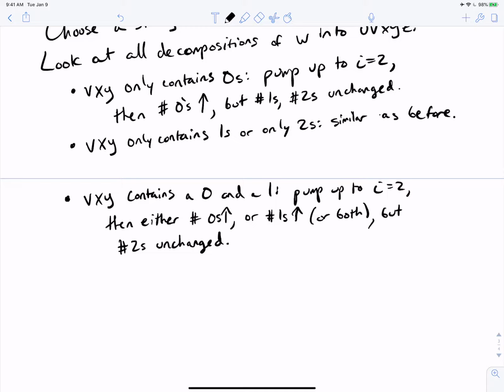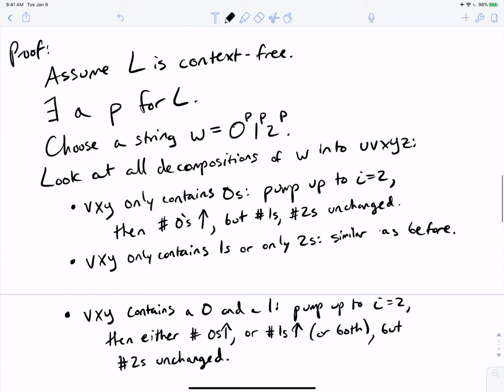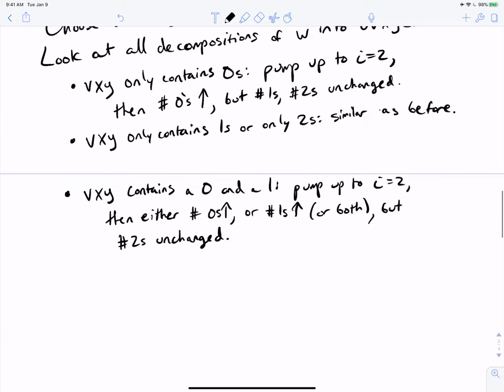So what's another case that could happen? So we just handled the case where it straddles the 0-1 boundary. What is another case that could happen? The 1 and 2's, right. So if VXY contains a 1 and a 2, then what can we say here?